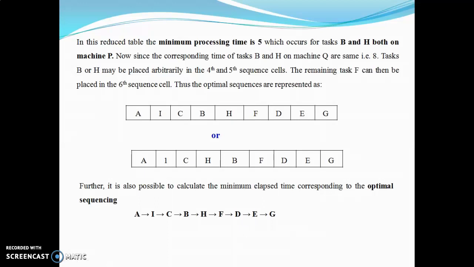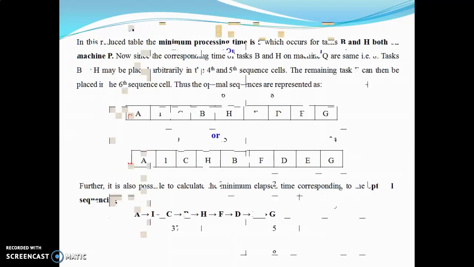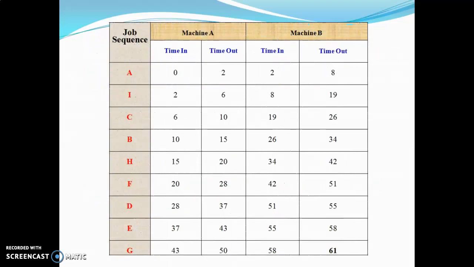So now we come to the total elapsed time in the table next. This is the optimal job sequence on two machines, P and Q, machine A and machine B. Here 0 is taken as the initial or starting time, with time in and time out.